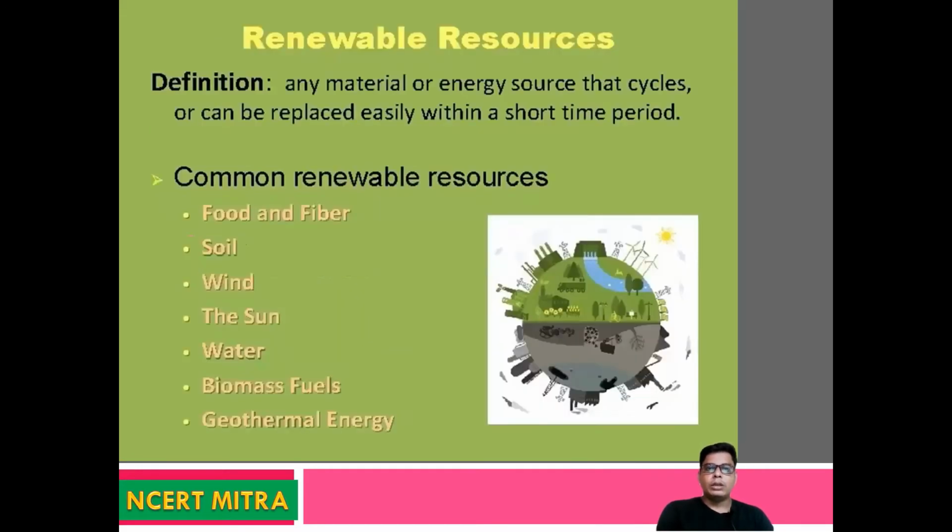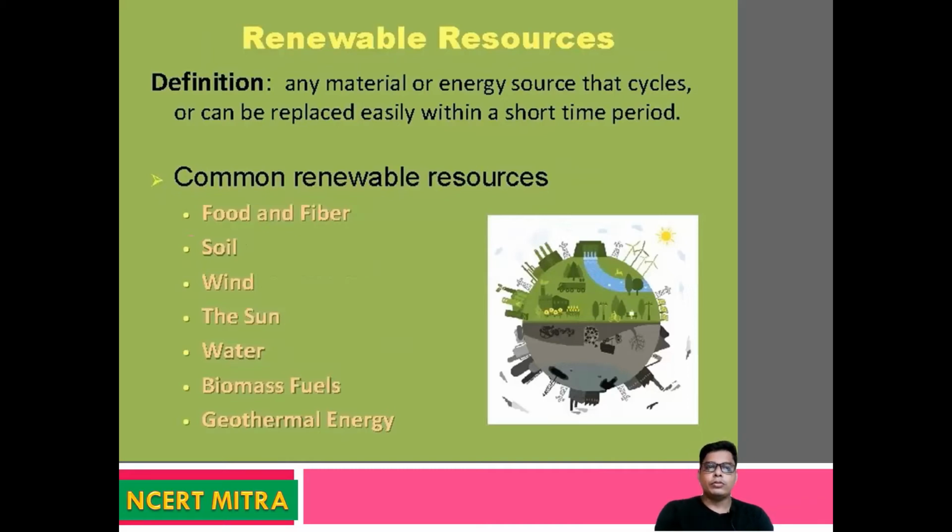Then if you want to discuss renewable resources: any material or energy or source that cycles and can be replaced easily within a short period of time is known as a renewable resource.